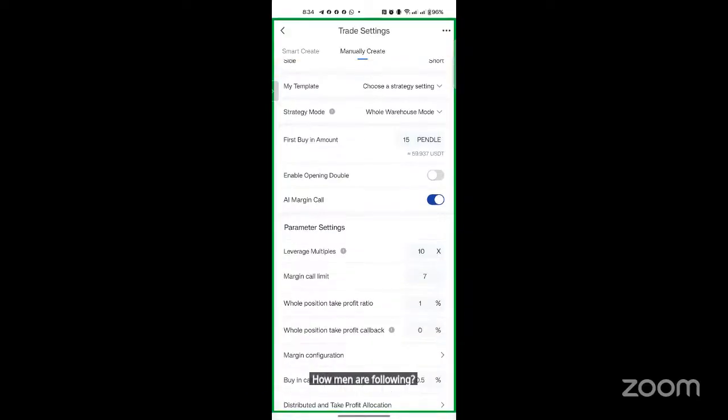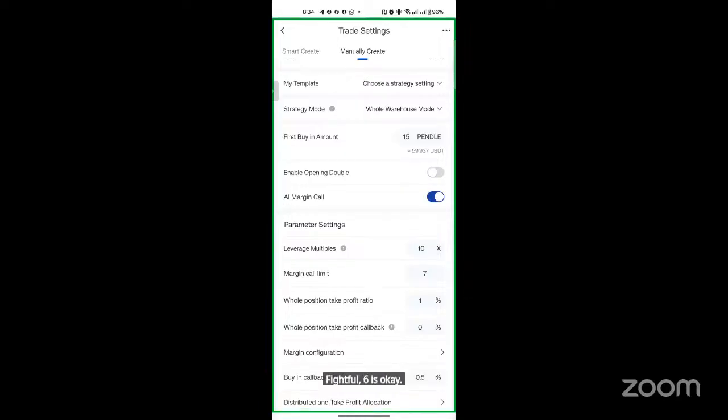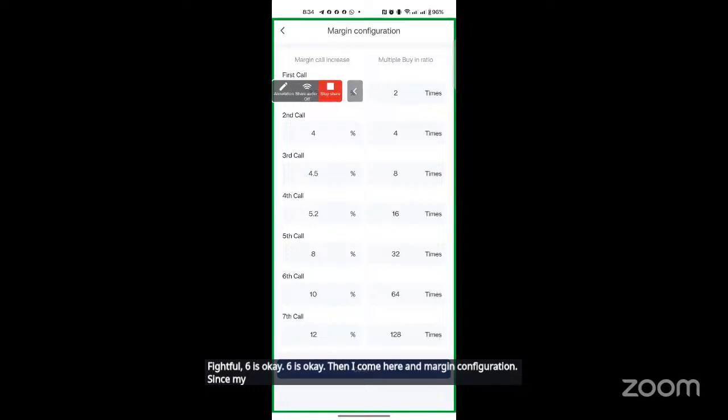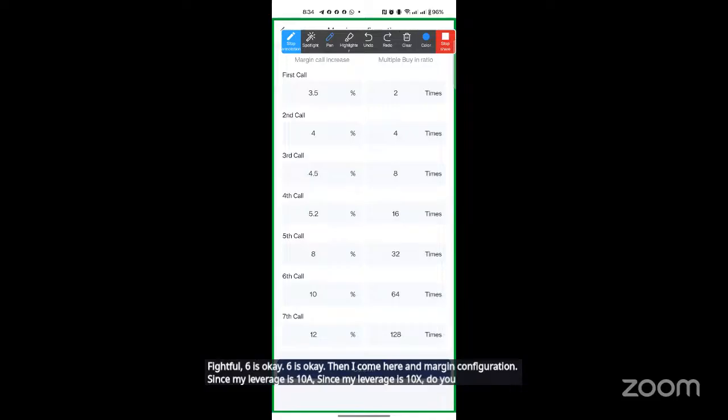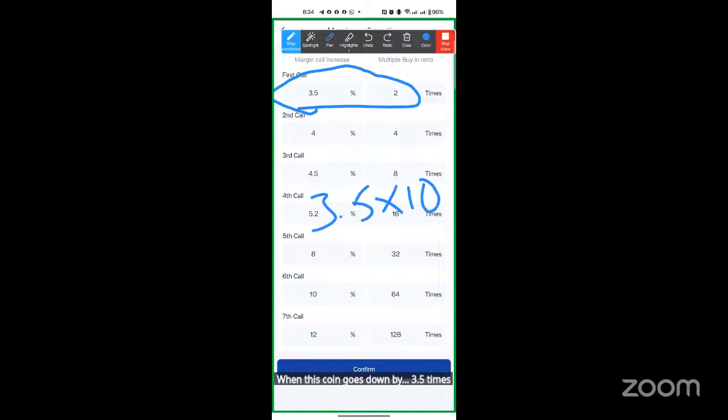How many are now understanding? Then I say, okay, 6 is okay. Then I come here to margin configuration. Since my leverage is 10x, do you follow, guys? This means it will only buy my first buying amount when this coin goes down by 3.5 times 10.